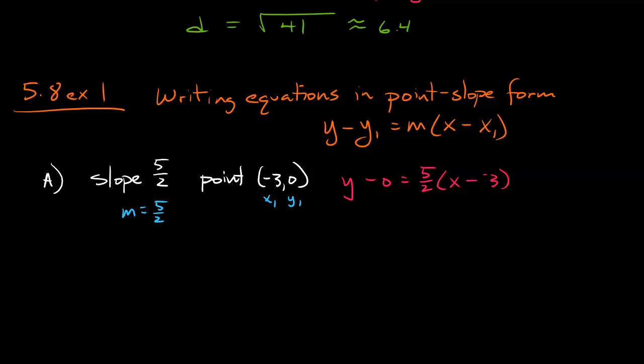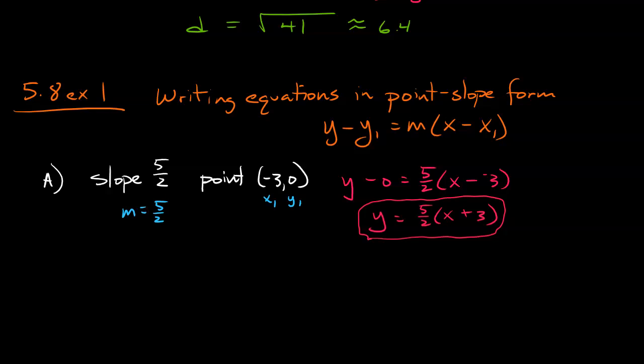So minus 0, you don't write anything. And then minus negative, you would write as plus. So this would be the point-slope form for this problem.